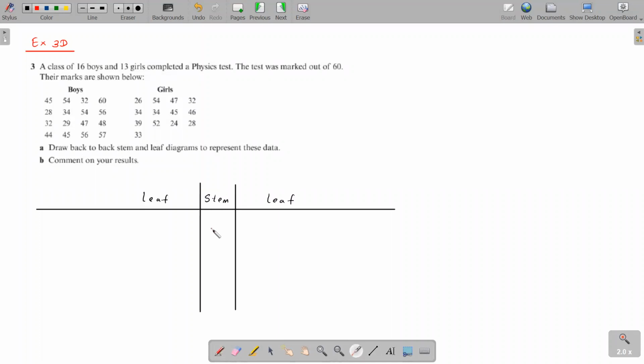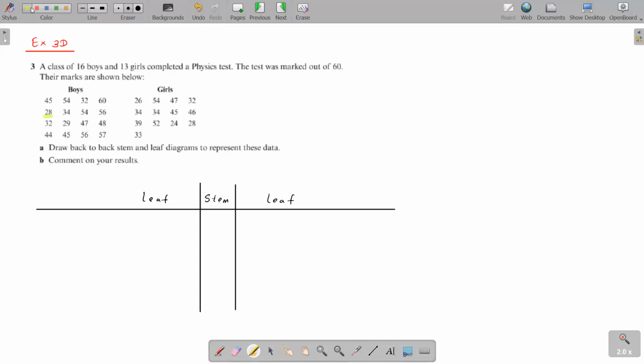Okay, so first we'll input the leaf. Sorry, first we'll input the stem. What's the lowest value in the boys section? Just look at the lowest value because we have to determine the stem, right? The lowest value is 28, right?